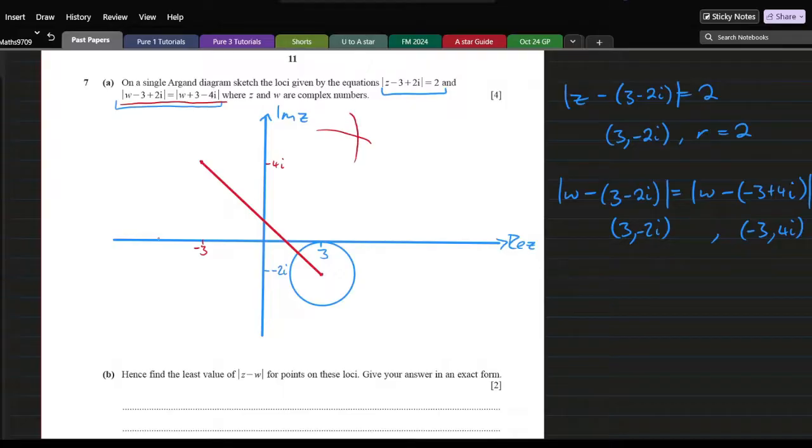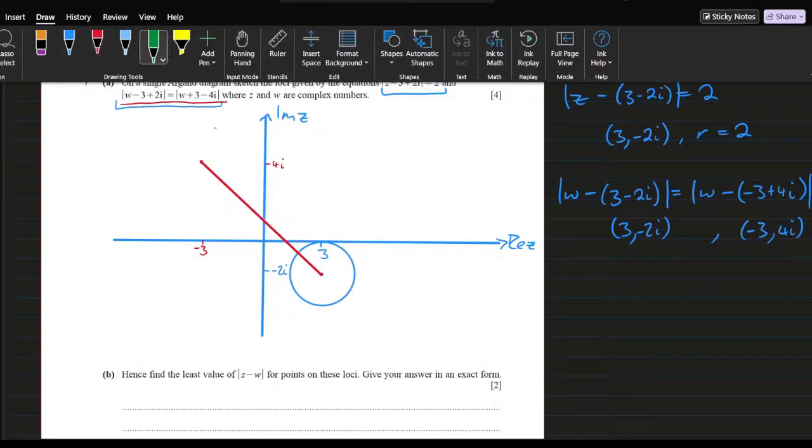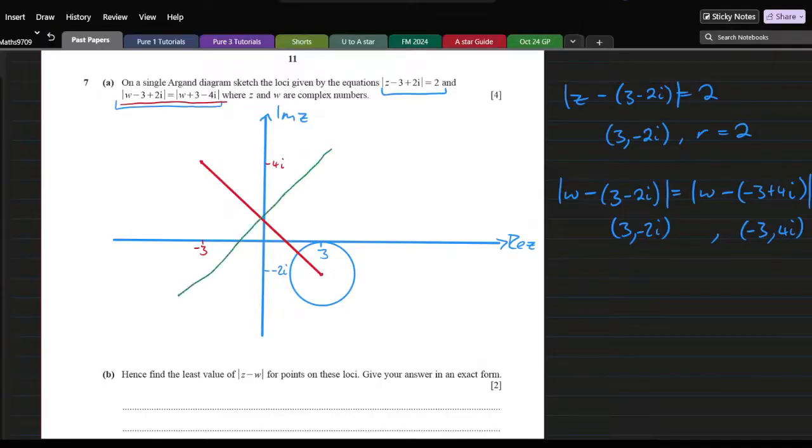I do not have a compass with me, so I am just going to do this by sight, but you should use your compass to get accurate construction arcs so that you can get a good bisector. Alright, so I think our bisector should be somewhere here, and this here should be 90 degrees.